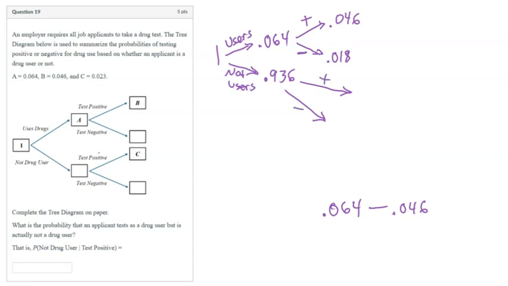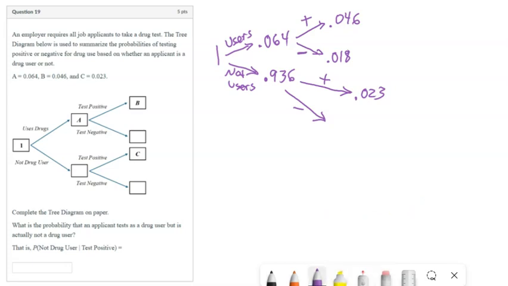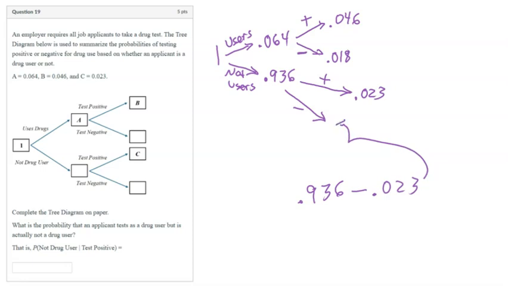So this says that C, testing positive for non-users, is 0.023. So we'll put 0.023 here. And now to get this number, we have to do 0.936 minus 0.023. So let me erase this here. Okay, good. So we're going to do 0.936 minus 0.023, and that number is going to go right here, okay?